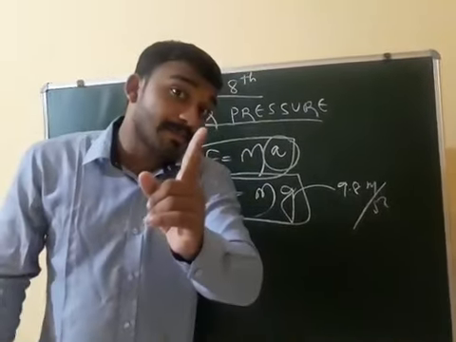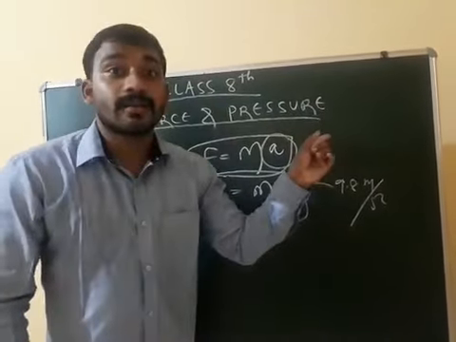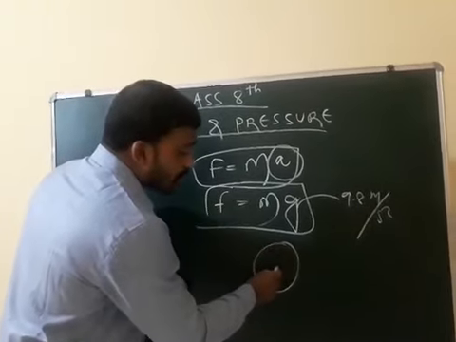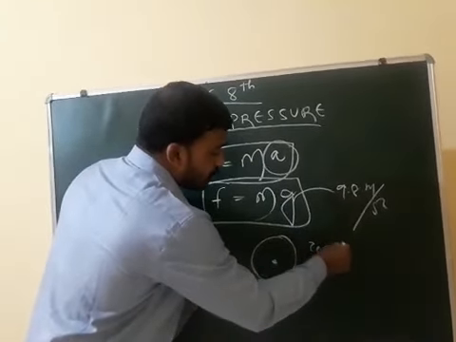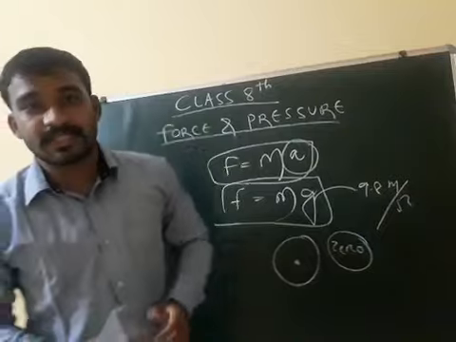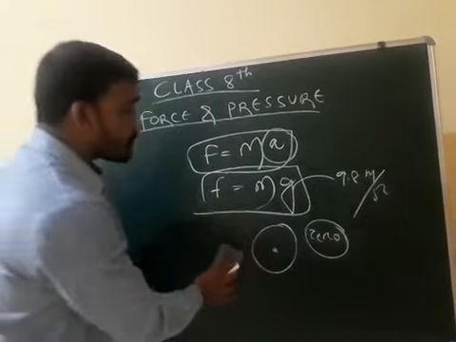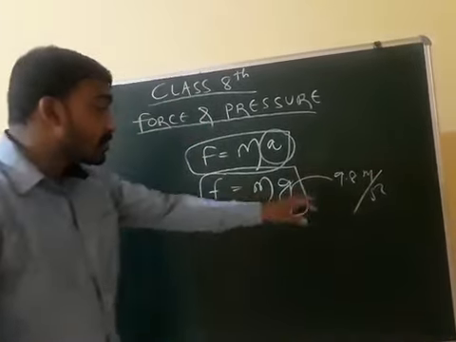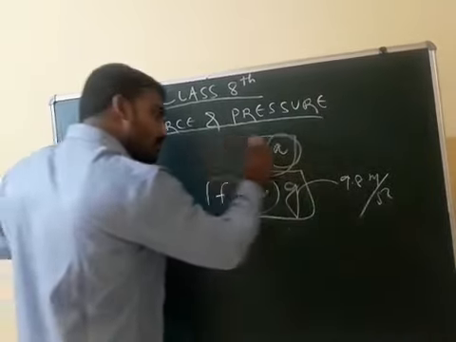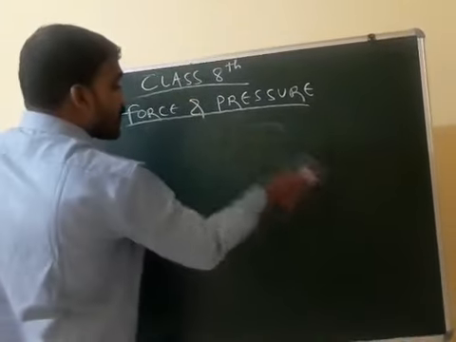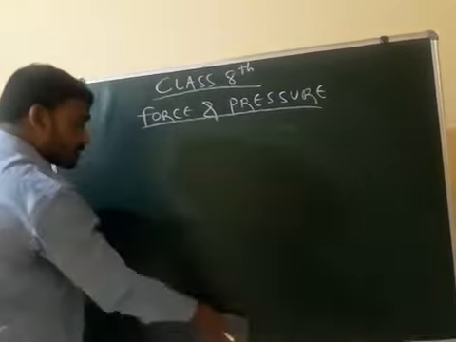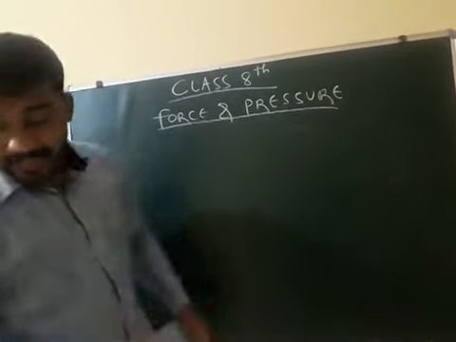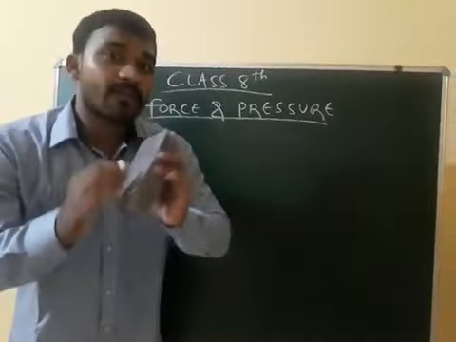And the weight of an object at the core of the earth is 0, because zero gravity is there. Clear? g means what? Acceleration due to gravity. Understood? Some numericals will come from here also, so practice properly.